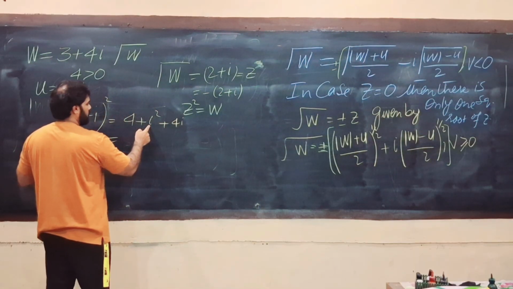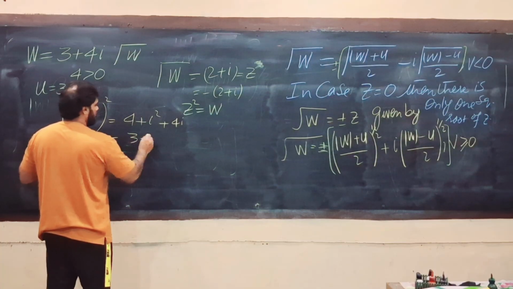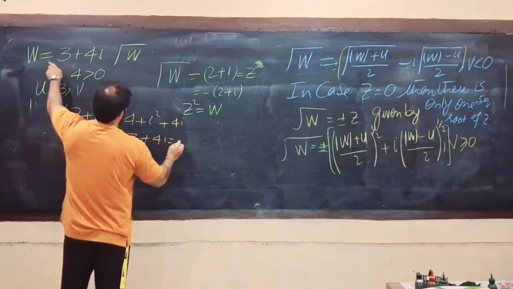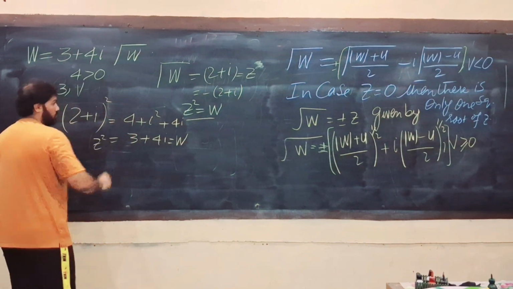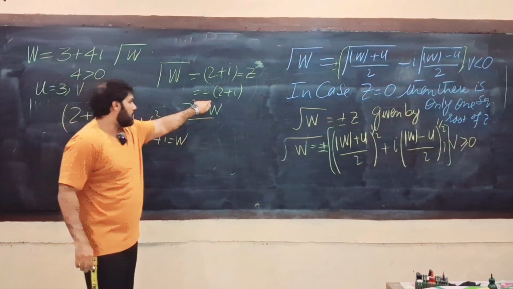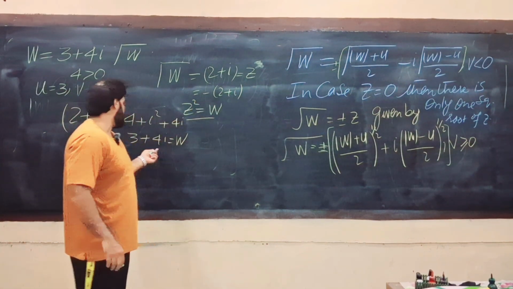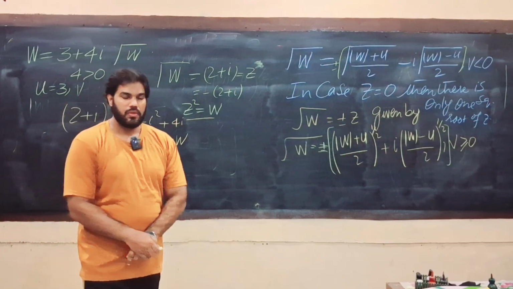This is equal to, iota square is minus 1, 4 minus 1, this is 3, 3 plus 4 iota, which is your W. So this satisfies the equation Z square is equal to W. Similarly, when you take the square of the other number, this will again be 3 plus 4 iota.